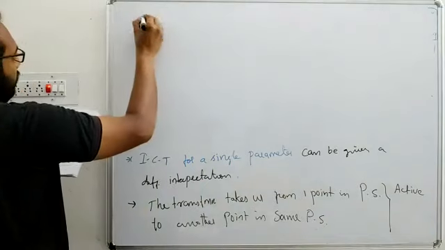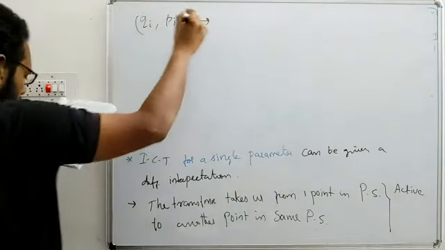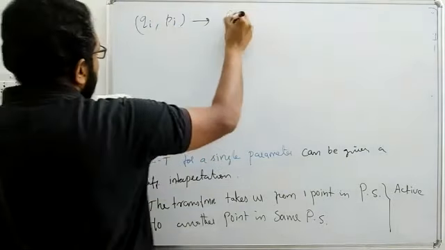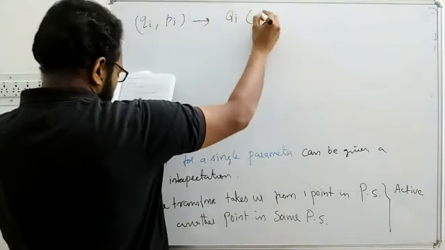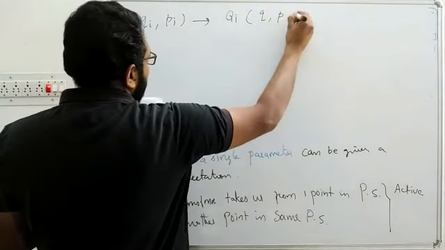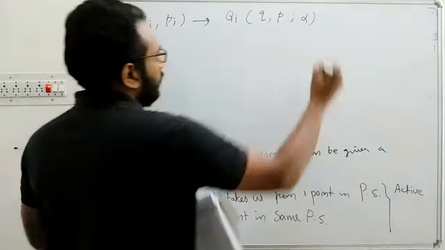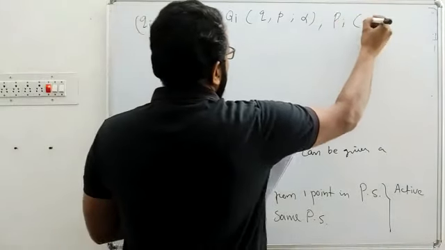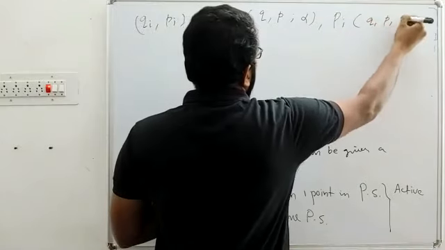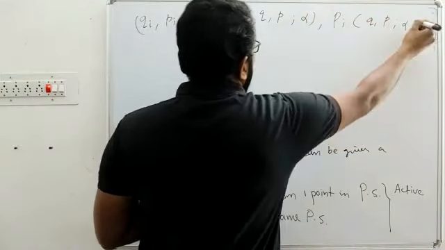Okay, so we will have Qi, Pi. This goes to some other point, capital Qi, and you also have, for a parameter alpha (instead of epsilon, I have used alpha here), capital Pi of Q, P, alpha.